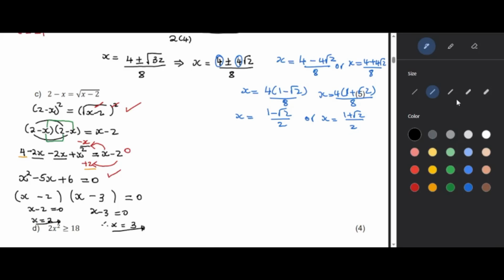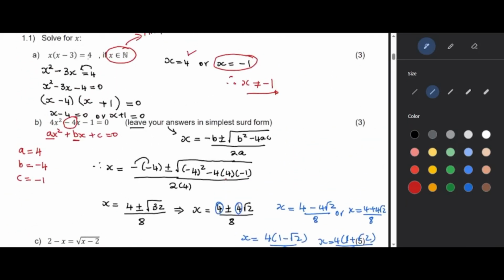What is important here is that you use the quadratic formula to factorize, but do not write your quadratic formula on the answer, because why? There's a mark for factors. Don't use the quadratic formula, please factorize, because if you jump and substitute into the quadratic formula, you're going to lose that mark for factorizing that quadratic.